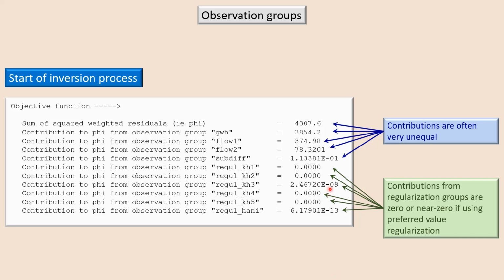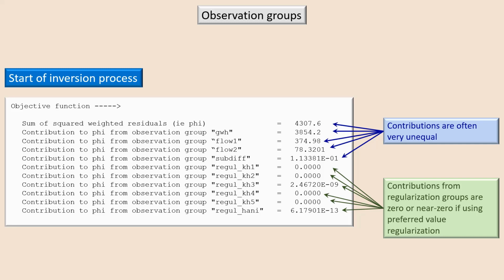And if one group is very small, its contribution to the objective function is very small compared with others, or if one group dominates, then perhaps PEST won't see the information that is resident in some observation groups.